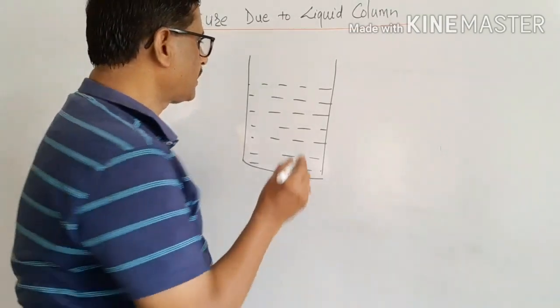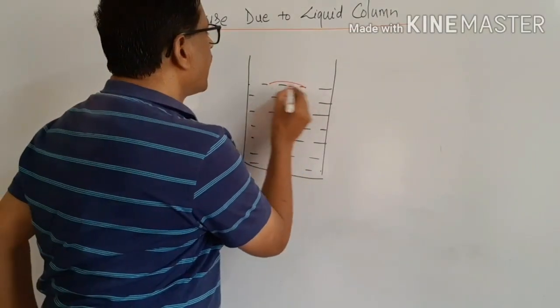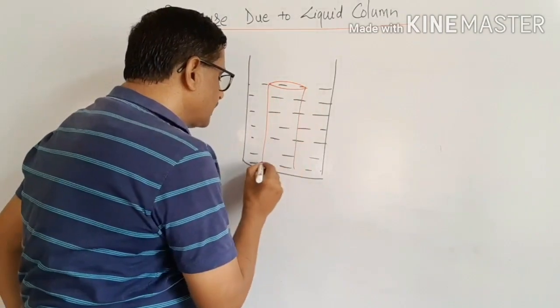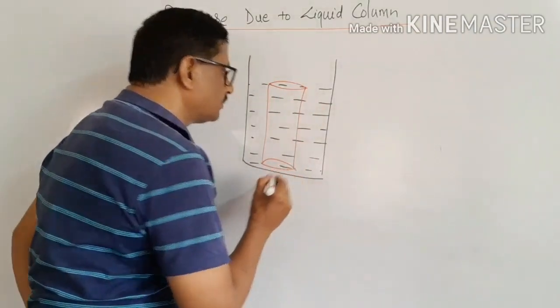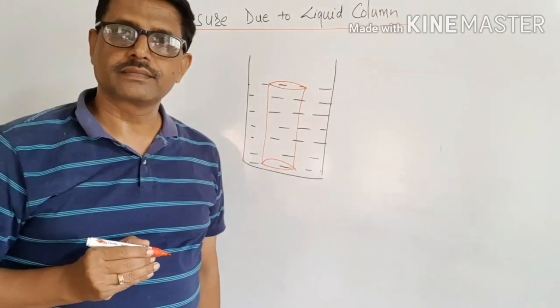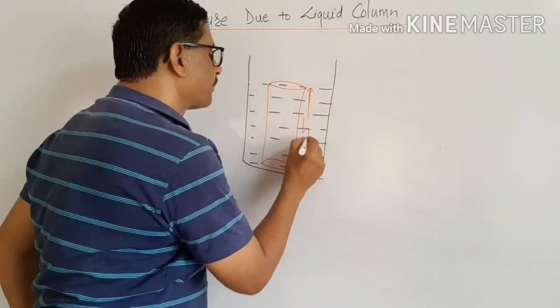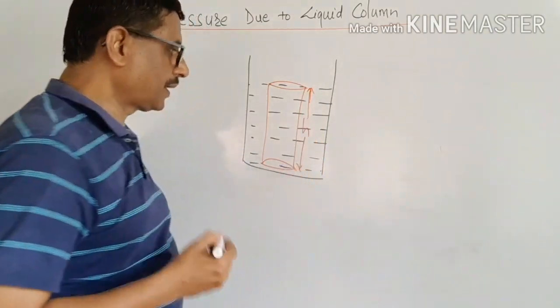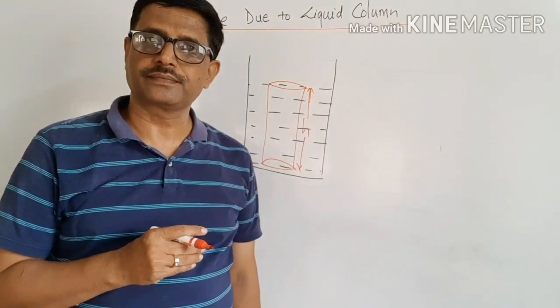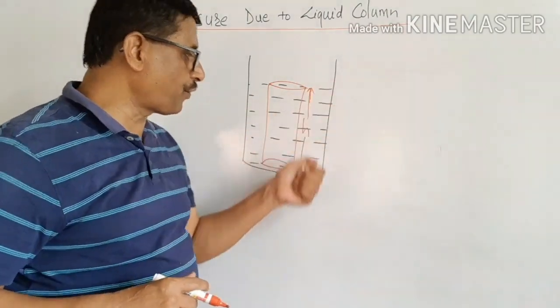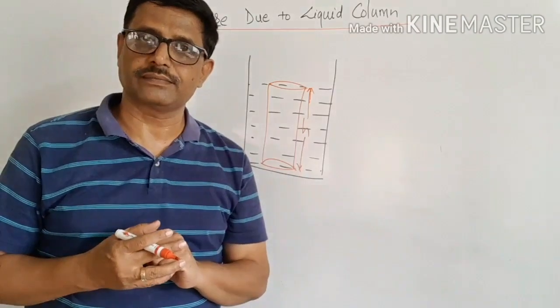Let us consider an imaginary cylindrical liquid column. It has a height h. Rather, you can say that the depth of imaginary liquid column from the surface of the liquid is h.